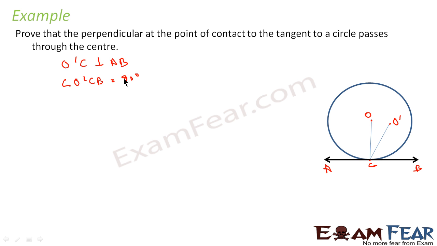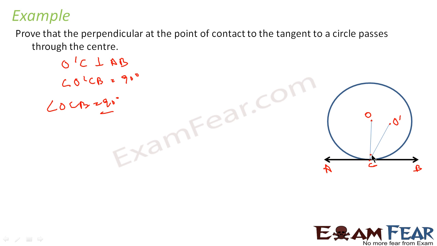Now, since O is the center of the circle and C is the point of contact, we know that OCB is 90 degrees. Why? The line from the center to the point of contact is perpendicular to the tangent.